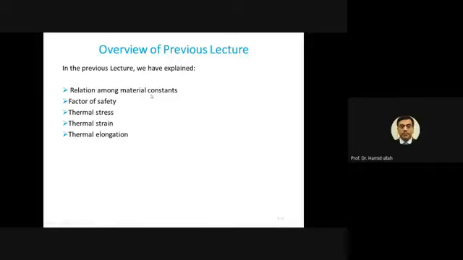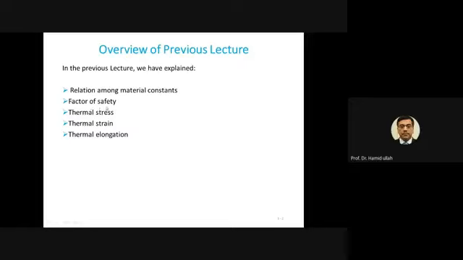Then after that, we defined something we call factor of safety, and we explained what is the significance, what is the importance, why as a designer or as an engineer you need this factor of safety.